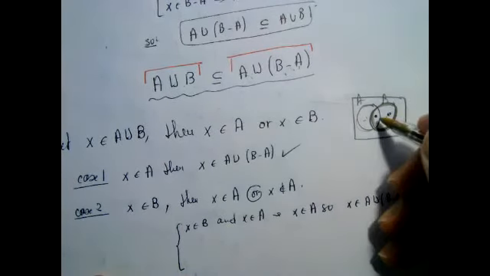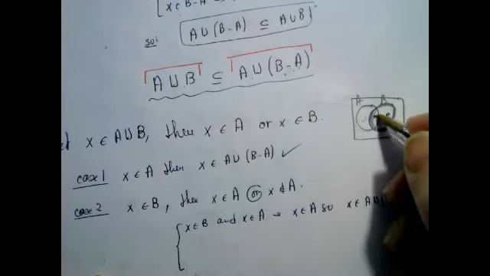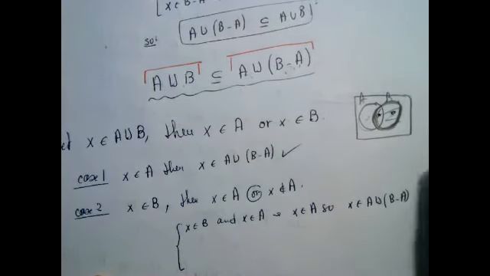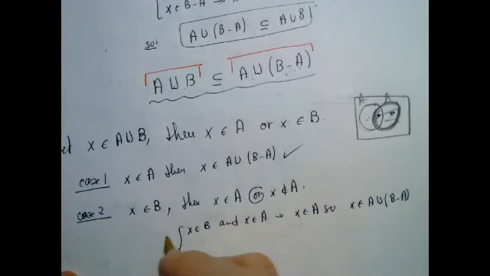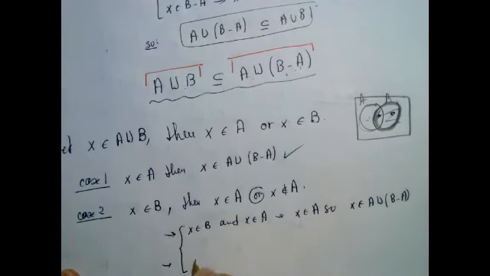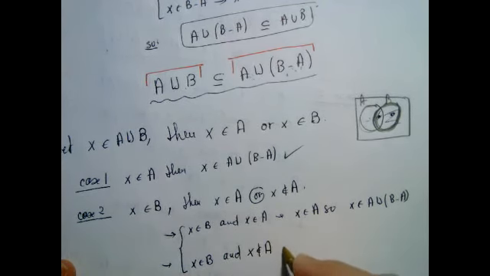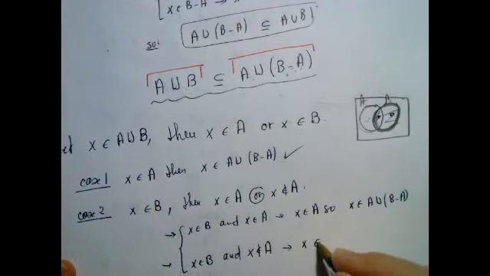It's in B, either it's in A here, or it's not in A. I cannot have any other possibility. Now, case 2. Suppose X is in B and X not in A, then X would be in B minus A.